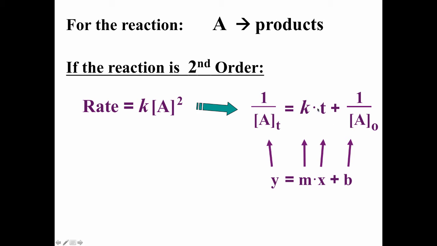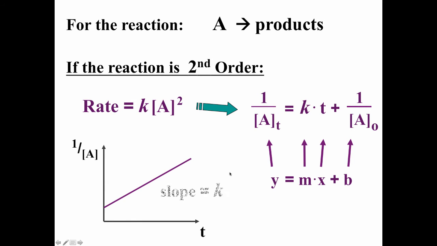If our x is time, our y is 1 over concentration, and the slope will then be the rate constant k. So if we have a second order reaction and graph time versus 1 over concentration of A data, we'll get a straight line with slope of k.